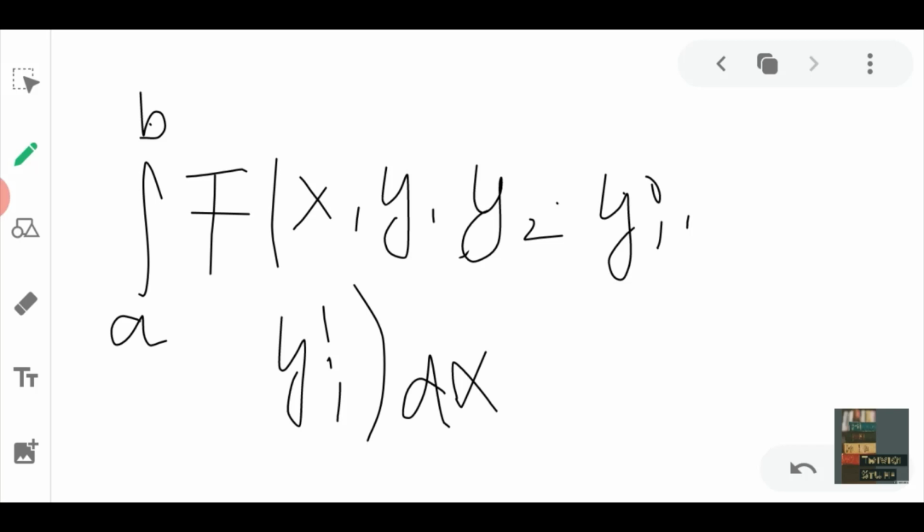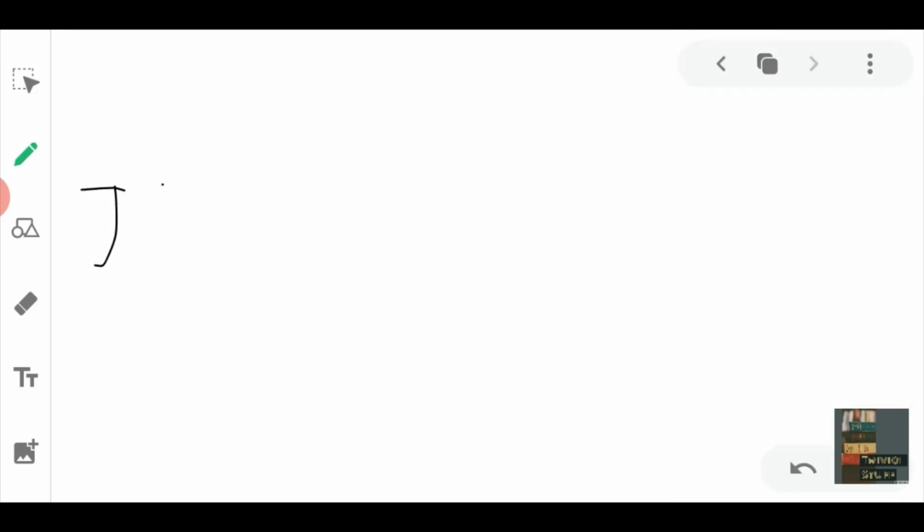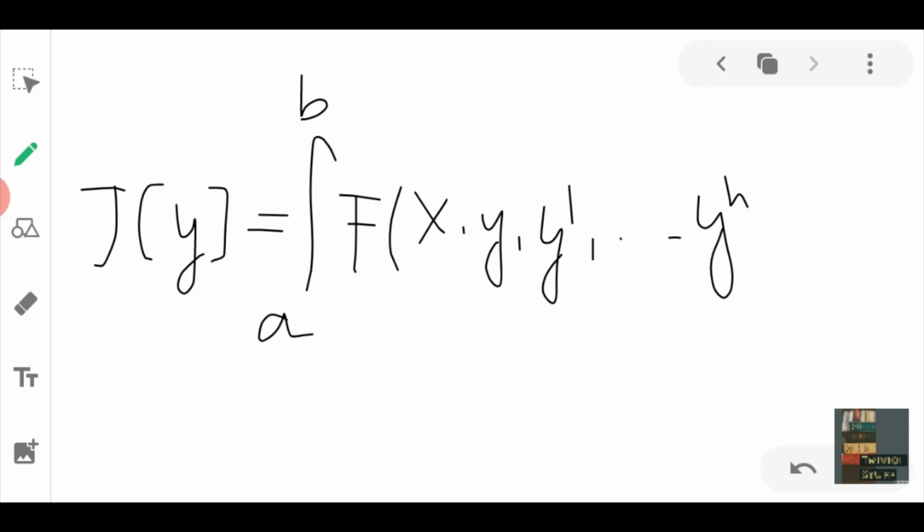For simplicity we work with the single unknown function y of x and consider a functional J of y equal to integral from a to b of capital F of x, y, y prime, and so on up to y superscript n, for denoting the nth derivative of y. So y superscript n denotes the nth derivative, y prime denotes the first derivative. So this is our functional.